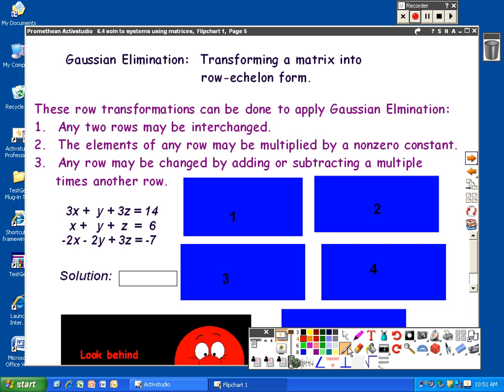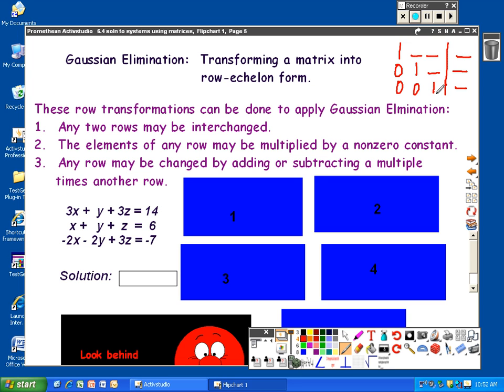So I would like to have a matrix that reads 1 something something and then a value. 0 1 something something. 0 0 1 something. Then I am in my row echelon form. As long as I get the x coefficient to be 1, a y coefficient to be 1, and a z coefficient to be 1, I want to move to row echelon.